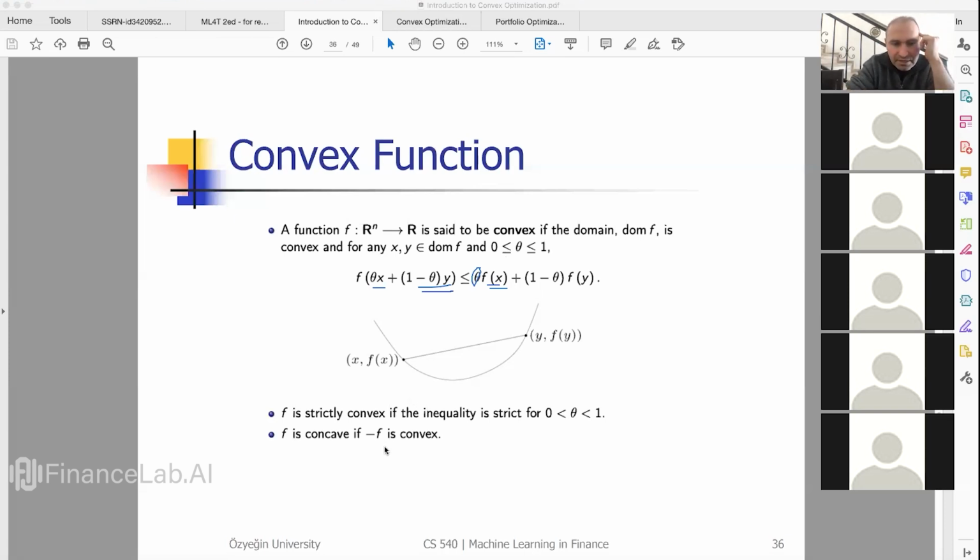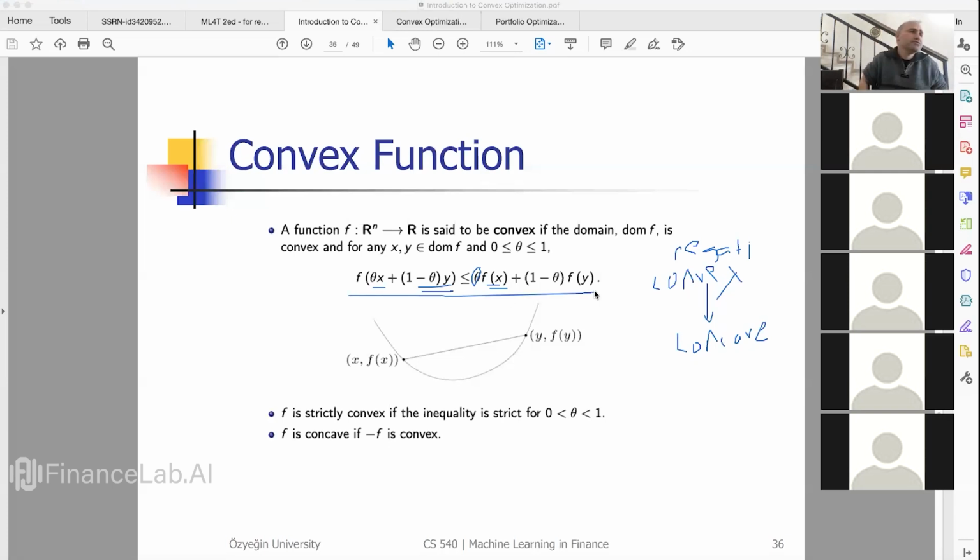And f becomes concave if minus f is convex. So the negation of a convex function is a concave function, and this implies from the definition here.